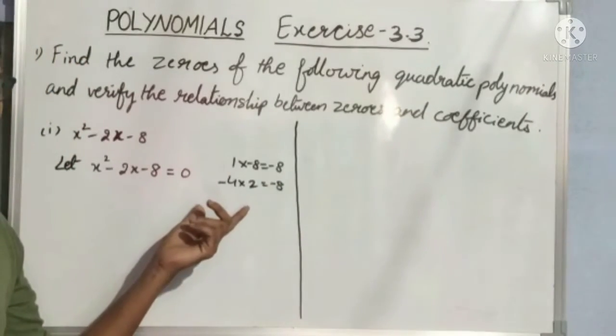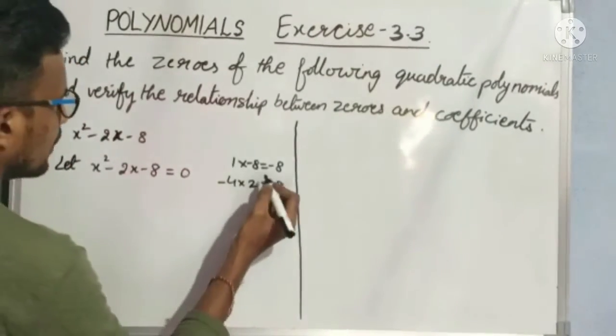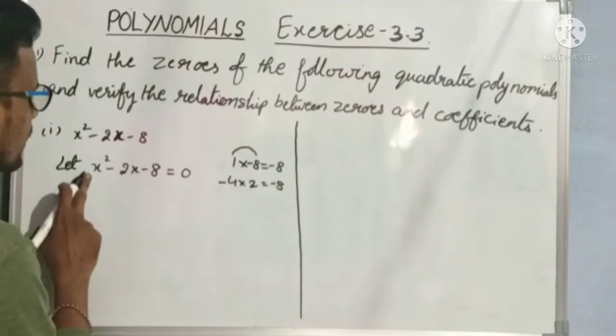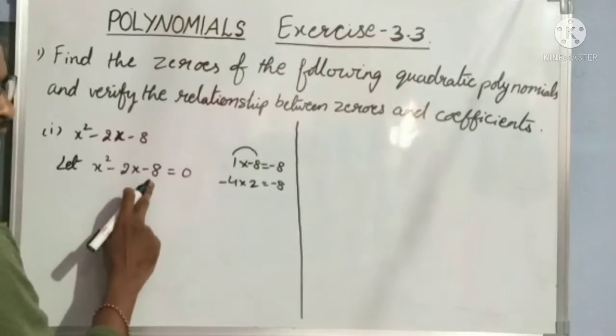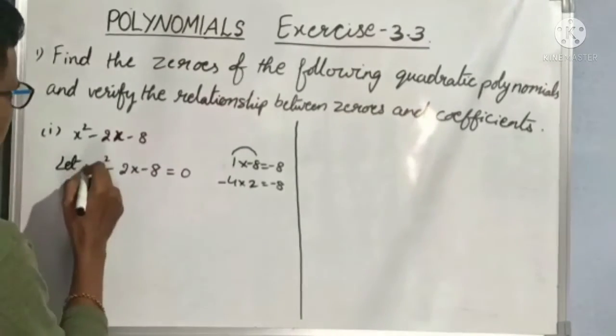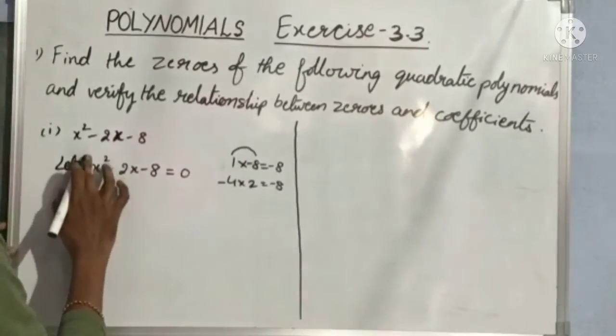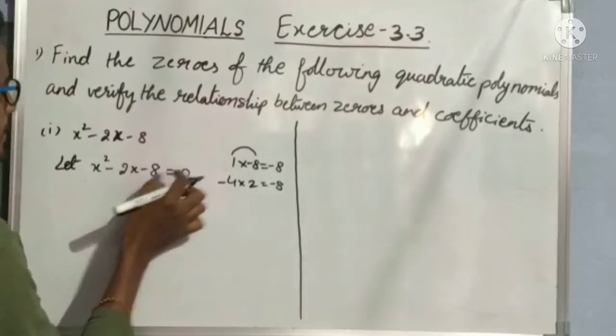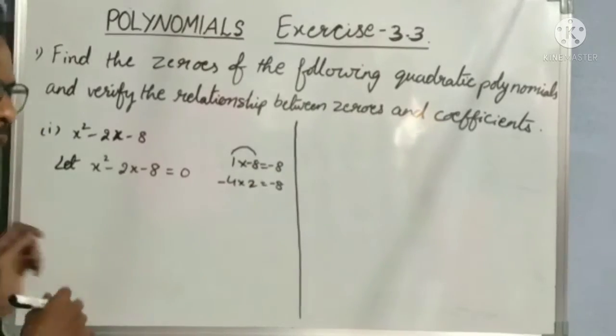Satisfied? Yes. So first we take the product of the coefficient of x square and the constant along with its sign. The coefficient of x square is 1 and the constant with sign is minus 8, so 1 into minus 8 is equal to minus 8.